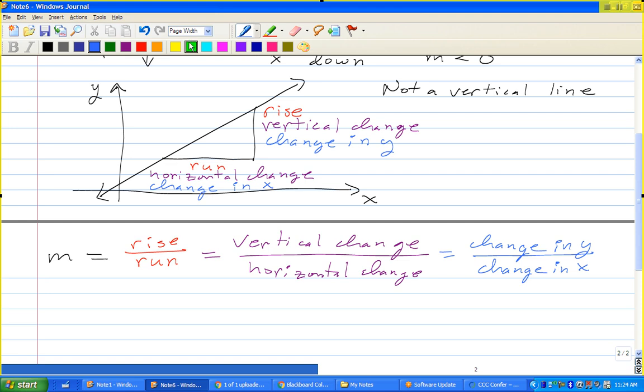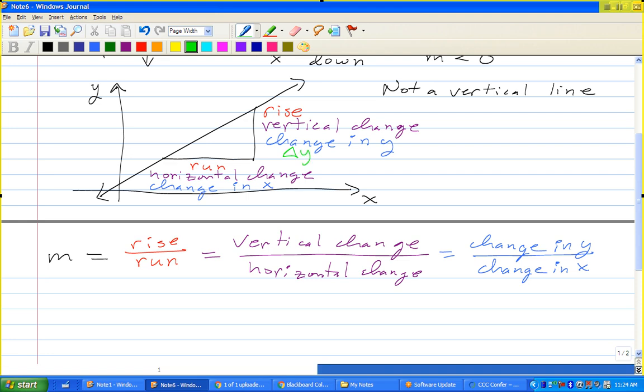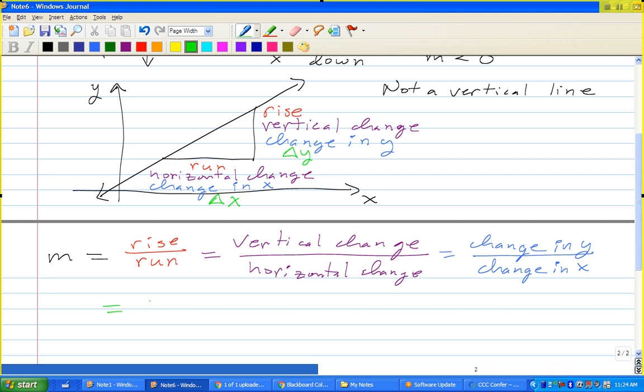So the change in y we sometimes denote by delta y. Change in x we denote by delta x. So delta y over delta x. And that's the slope.